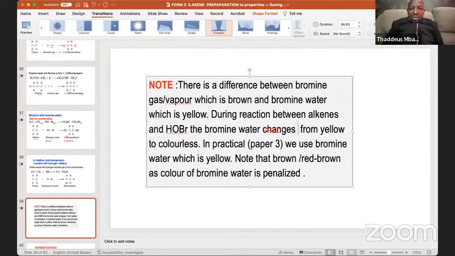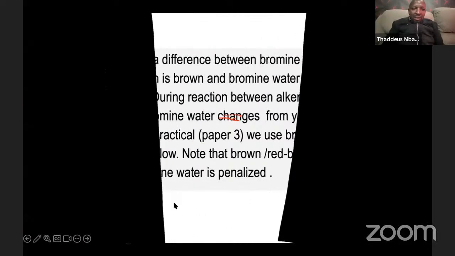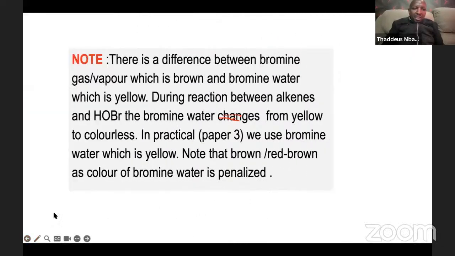We are no longer using the word turns, so we use the word changes. Changes from yellow to colorless. In practical paper 3, we use bromine water, which is yellow. The colors brown or red for bromine are penalized, so we don't accept that. So remember, these are some of the issues that you're going to be dealing with. When you see bromine water change from yellow to colorless, you confirm by inference that a double bond or triple bond is present.